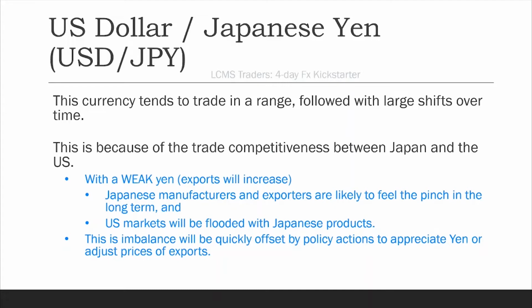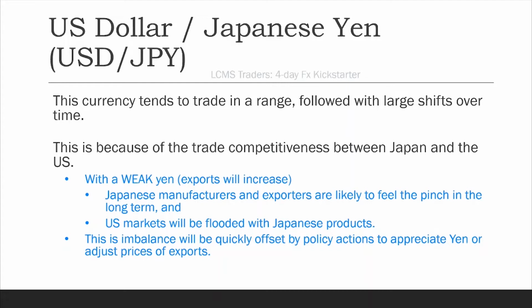Because of this, the US tries to protect its own production in the markets, and this imbalance is likely to be quickly offset by policy, both from the Bank of Japan and also from the US side, to either appreciate or increase the value of the Japanese yen, or to depreciate or decrease the value of the US dollar, so that they can adjust prices of exports coming from Japan.